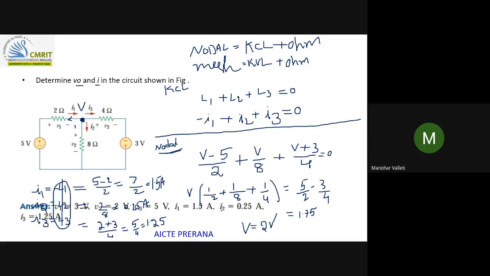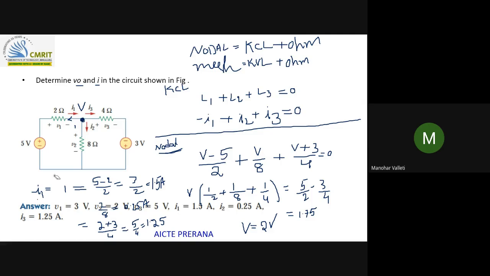So you just check out the answers here. I1 equal to 1.5, I2 equal to 0.25, I3 equal to 1.25.